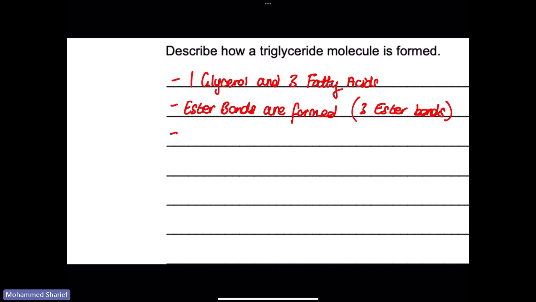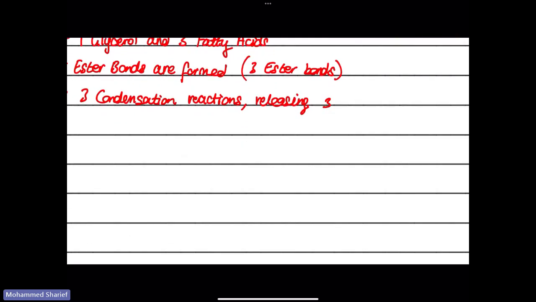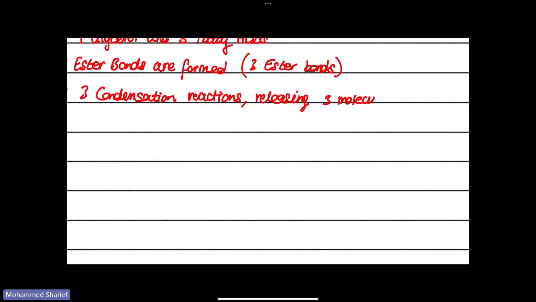Well, the three ester bonds are formed from three condensation reactions releasing three molecules of water.